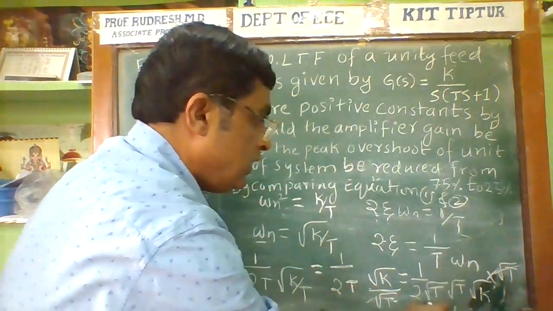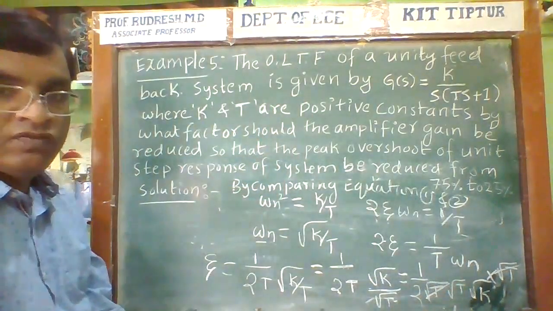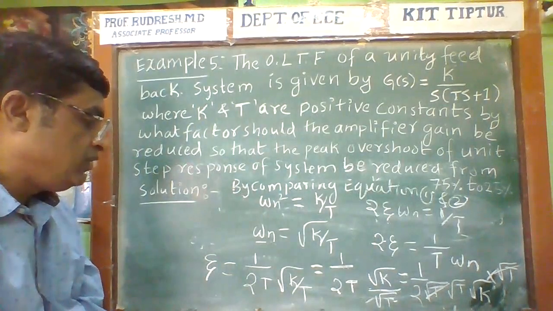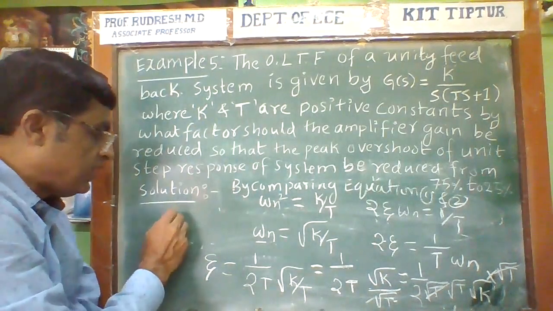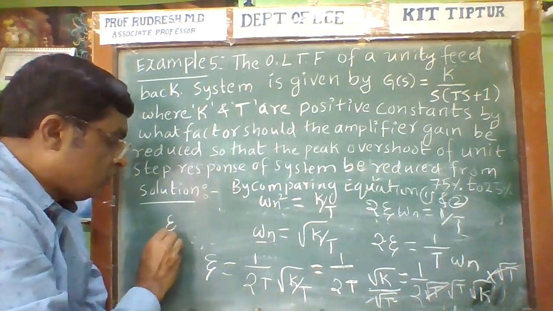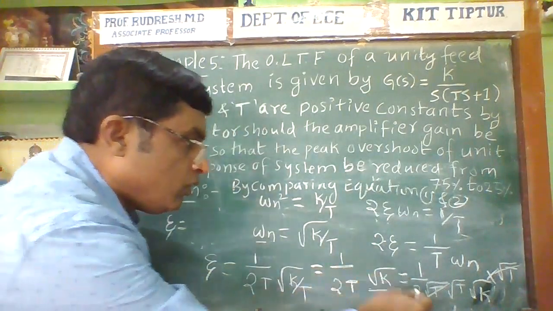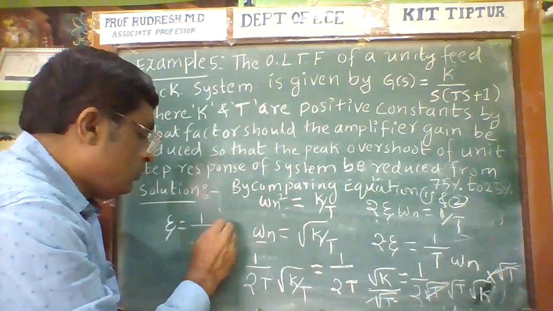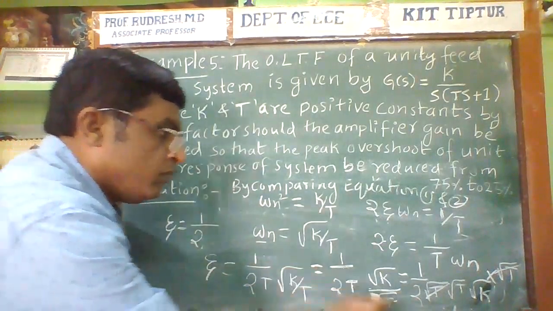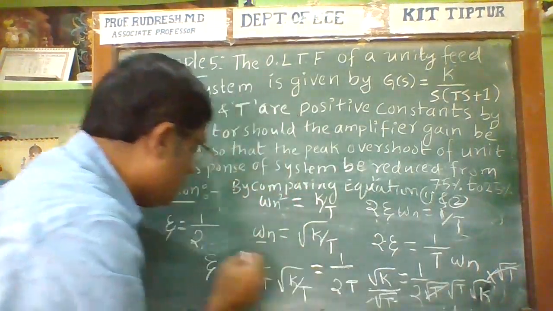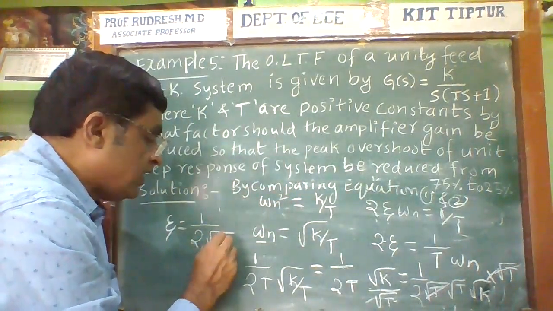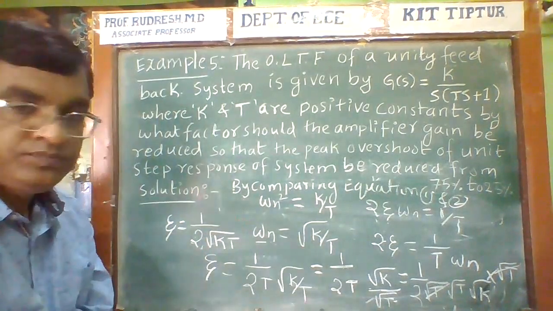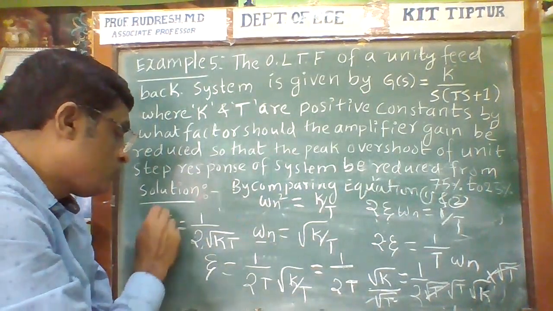Therefore, this T and this square root of T get cancelled. Now what is the zeta value? Zeta is equal to 2 into square root of T into square root of T, square root of K into T. Now zeta is equal to square root of T.